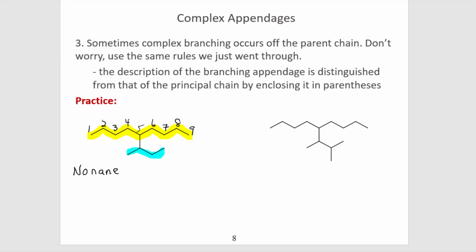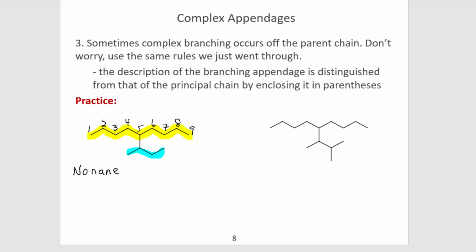Okay, I like to highlight. Every carbon should have some highlight to it, right? I've touched basically every carbon with my highlighter of some variety. So what we're going to do is focus now on this very complex substituent. It's comprised of 4 carbons, but I can't write just butane.